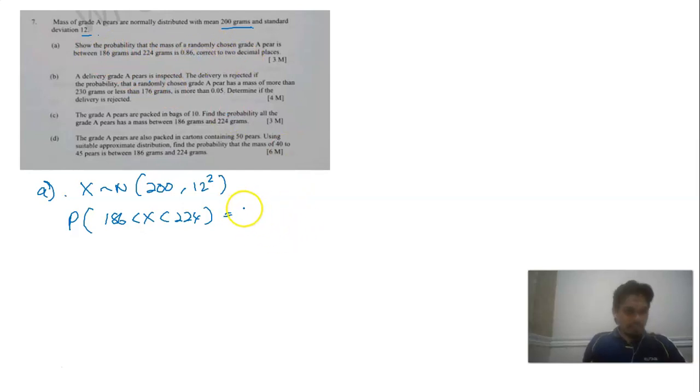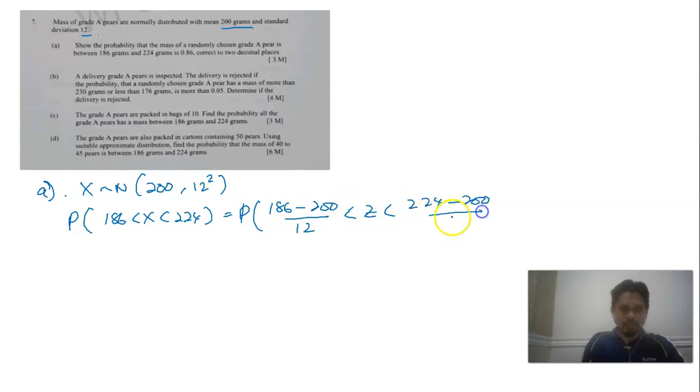Okay, now this one is probability of (186 minus 200) divided by standard deviation which is 12, in between Z which is (224 minus 200) divided by standard deviation equal to 12.